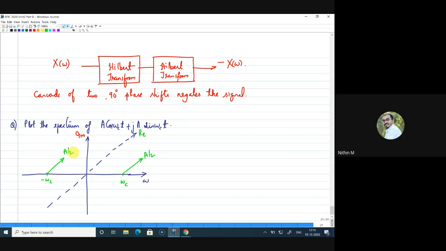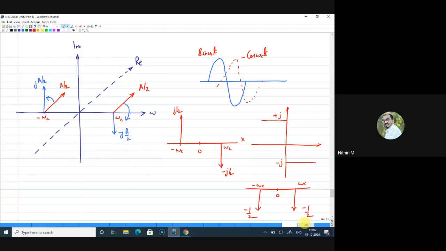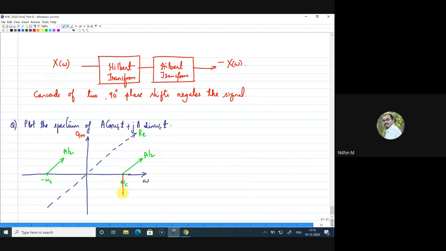Let me plot what is sin omega ct. If I want to plot it as imaginary, we saw the spectrum before. We'll have a component here of minus jA by 2, and another component here which is jA by 2, right?